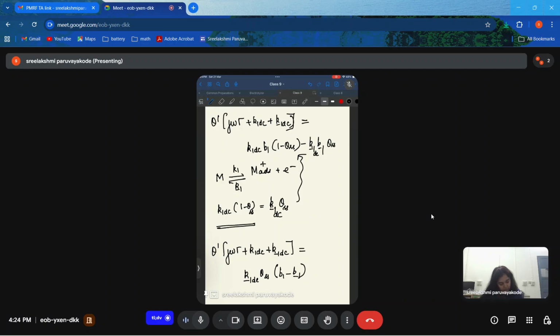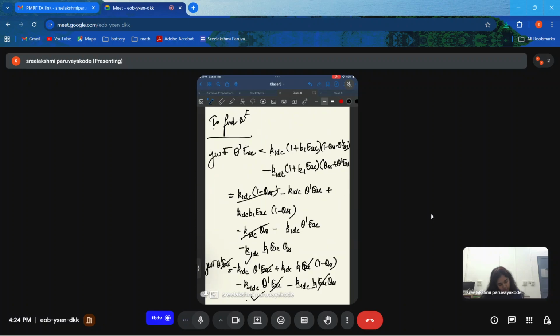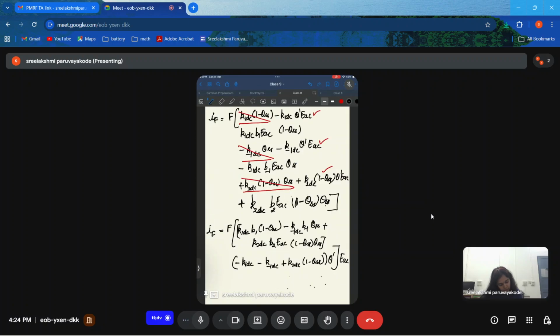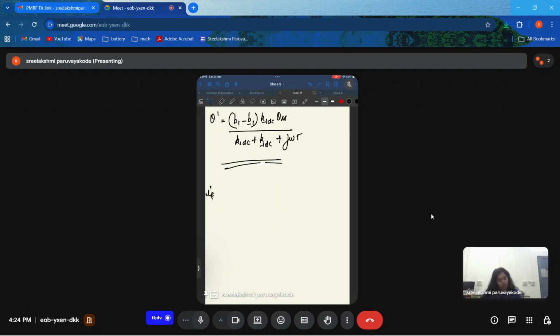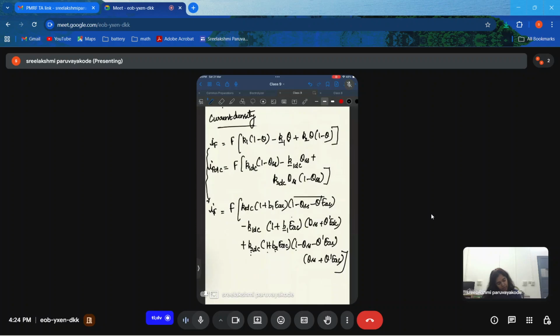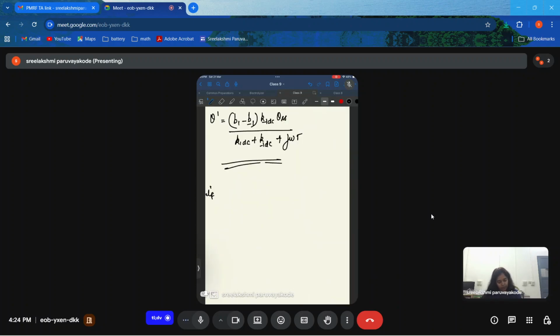Well, it's K minus 1 dc, right? Next, so this is what you have got. Now we have to substitute this in the Faraday reaction, which is YF. Here you have got IF by EIS, and it's something into EAC. So I'm taking EAC this side: YF is IF by EAC, equal to the Faraday admittance.